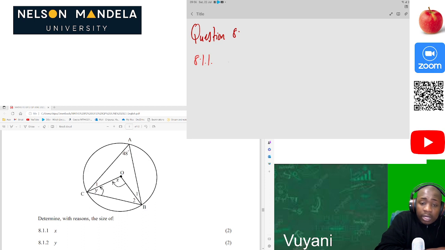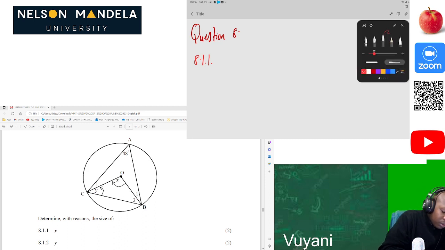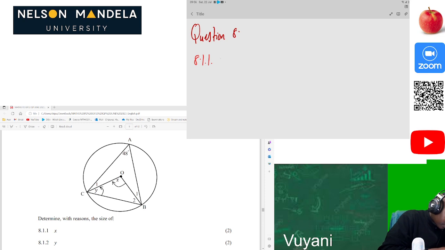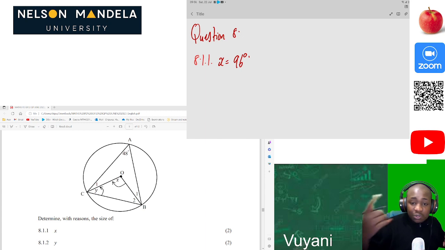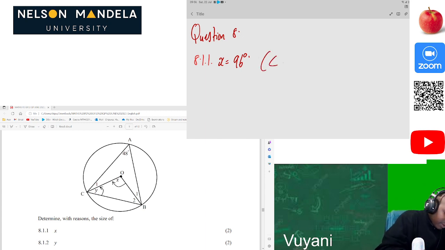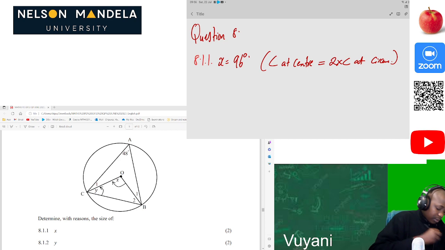So x will be equal to 96, that is 48 times 2. Reason: angle at the center is twice the angle at the circumference. So angle at the center is equal to 2 times the angle at the circumference. Then that's that, and we are done.